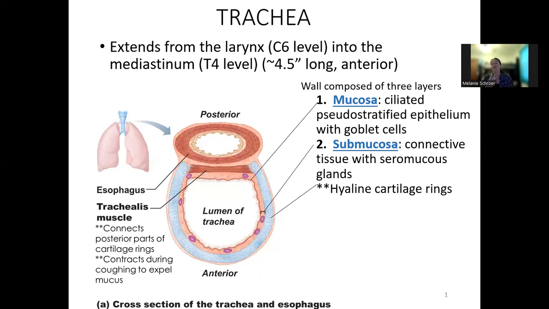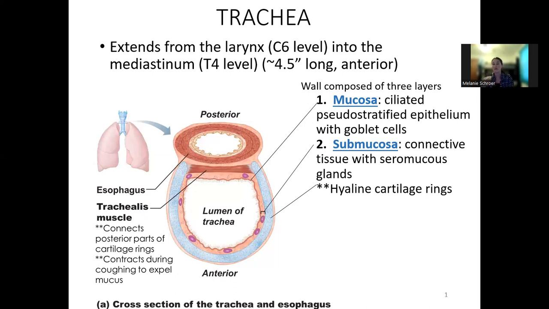First of all, if something does get trapped in these structures or in the trachea, we can actually contract what is called the trachealis muscle to facilitate coughing and kind of pushing whatever that substance is up and out of our respiratory system. Right? So we need to make sure that we can flex and therefore push up anything that happens to get stuck. Right, so part of the cough reflex.